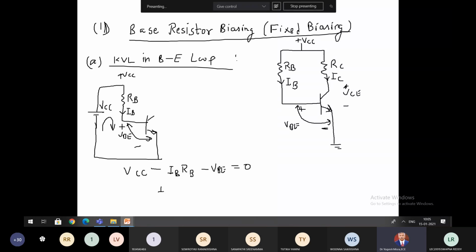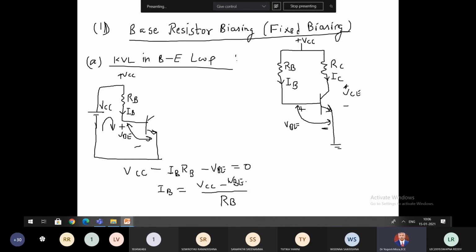And if I write this expression in terms of IB, then IB will be equal to (VCC minus VBE) by RB. Right? So now here you see in this expression, VCC is a constant. VBE is also a constant. It is 0.7 volt for a silicon and 0.3 volt for a germanium.